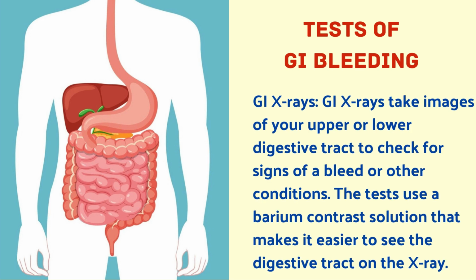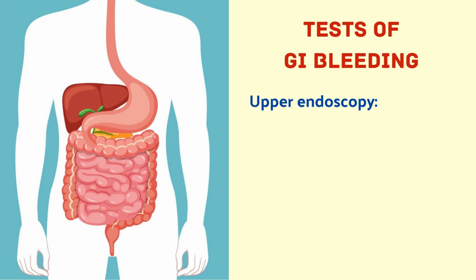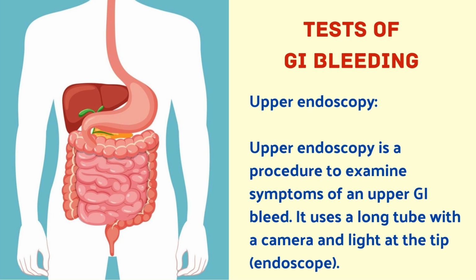GI X-rays: GI X-rays take images of your upper or lower digestive tract to check for signs of a bleed or other conditions. The test uses a barium contrast solution that makes it easier to see the digestive tract on the X-ray.